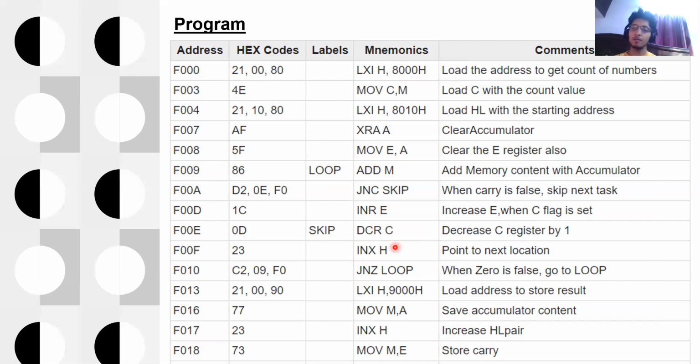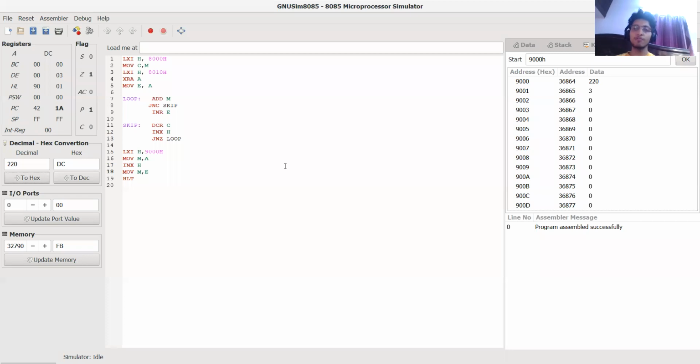And when finally our counter becomes 0, we will be storing our lower byte at 9000 and the upper byte at 9001. At the end, we will terminate the program. Now I will be showing you the execution of this code through the GNU 8085 simulator.